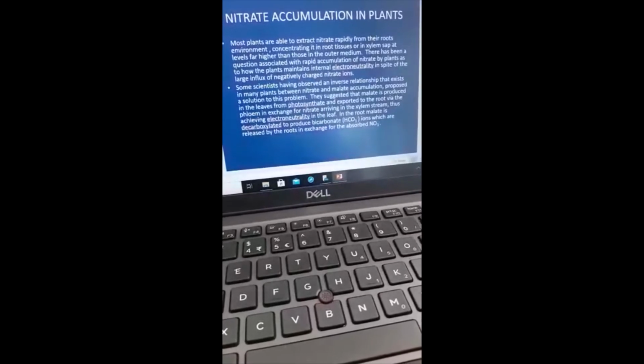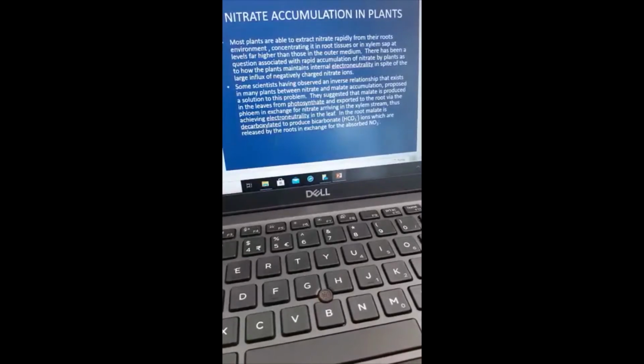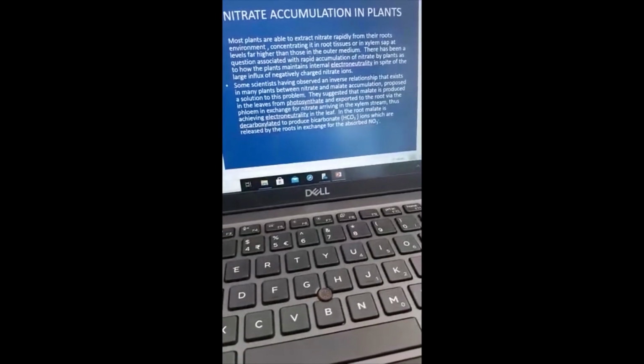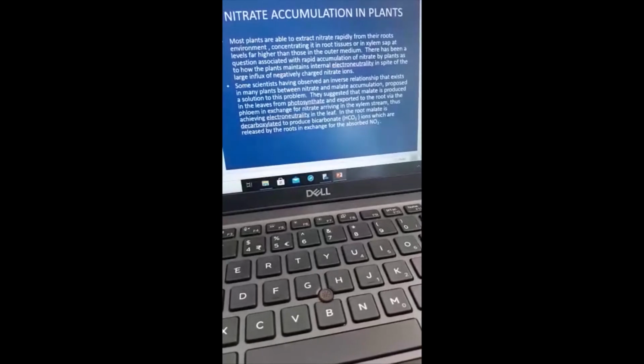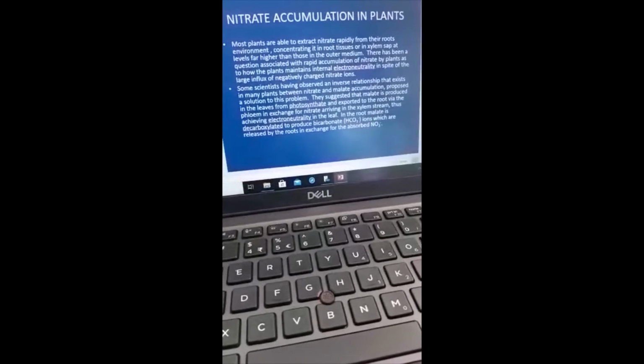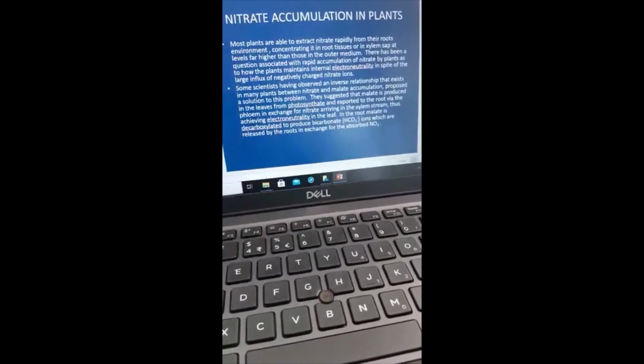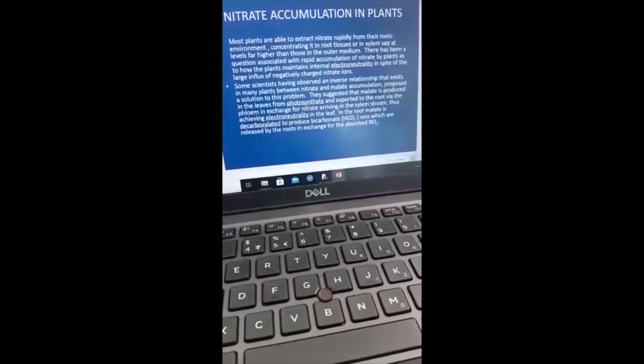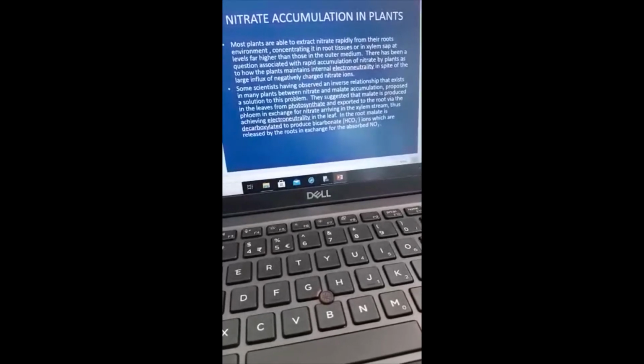Part of it is explained here, which in a nutshell proposes that nitrate is absorbed into the root of the plant, and upon entering the root of the plant, potassium attaches itself to this nitrate within the root.